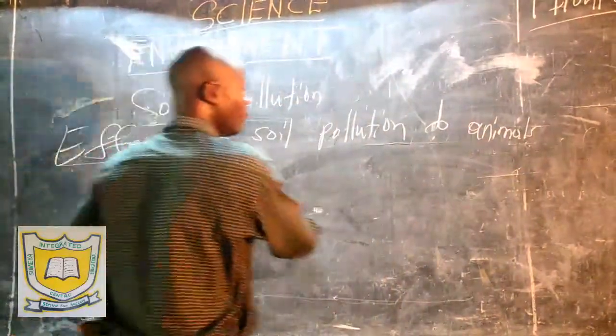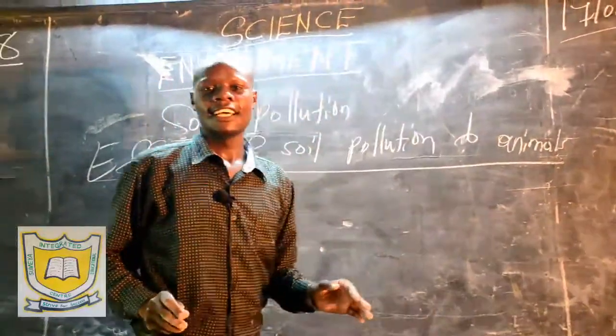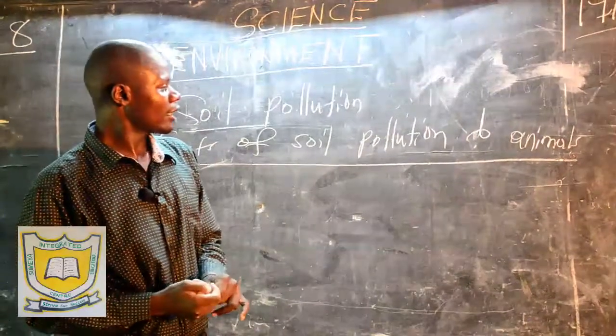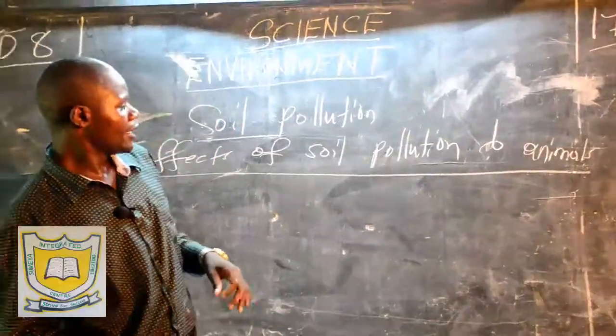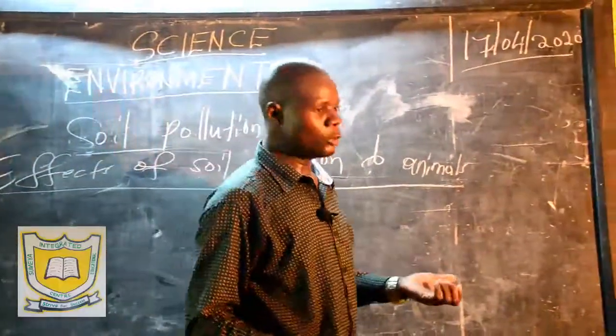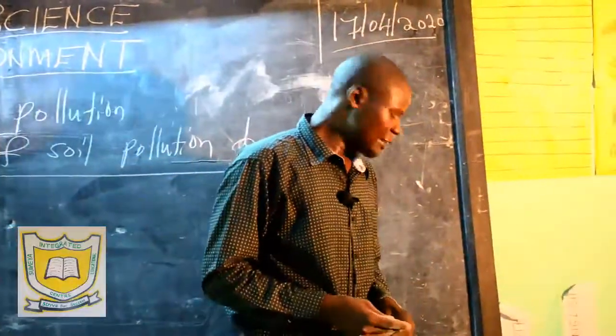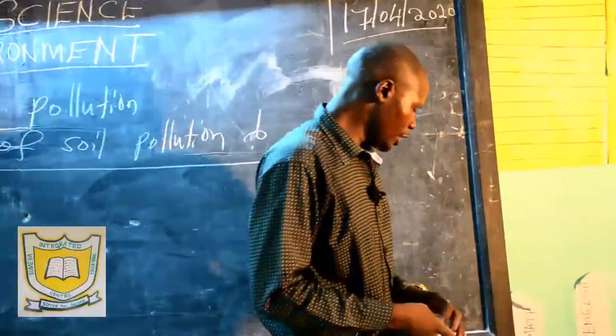How can the animals be affected? Animals can be affected in one way or the other when the soil is affected. I said we human beings and animals depend directly on soil.